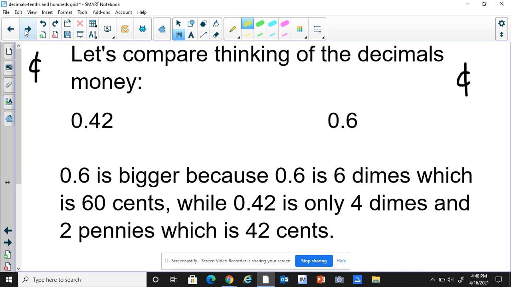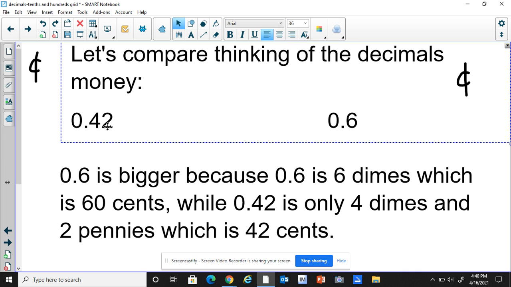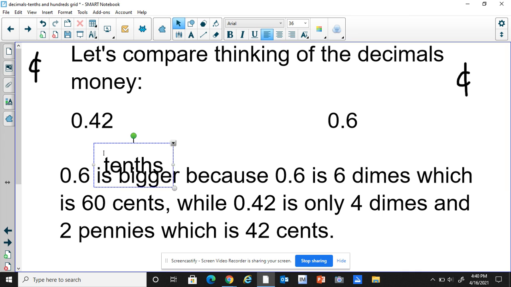Now, we can also compare decimals thinking of them as money. So look, we have 42 hundredths, 6 tenths. So that 4 is in the tenths place, right? Think of tenths as dimes. So let's write this down here. Tenths as dimes.